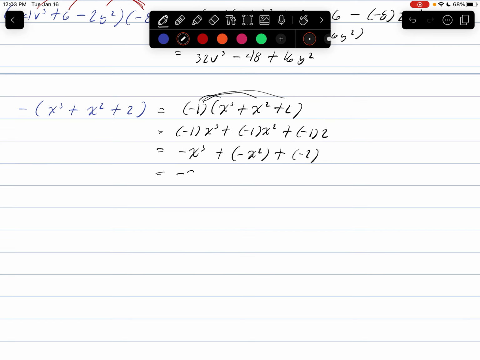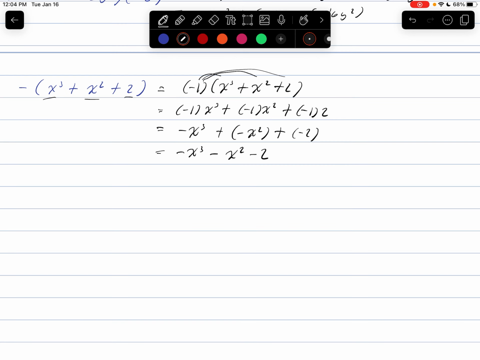Or we can write this as negative x to the third minus x squared minus 2. So what we'll see here is that we just flip the sign of everything inside the parentheses. So the x to the third became negative x to the third, the x squared became negative x squared, and the 2 became -2. And if we had any subtraction signs in here, that would have become positive because we'd have a negative times a negative.